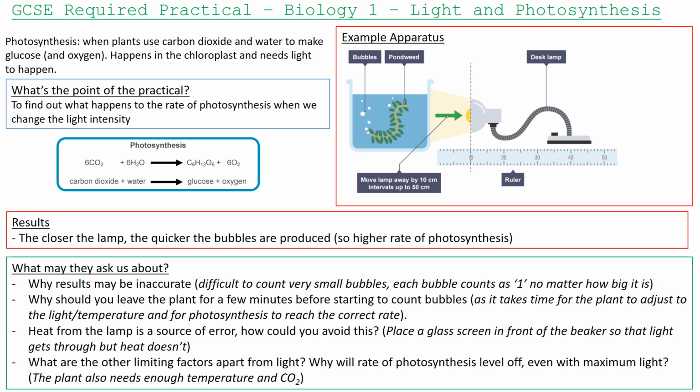So the closer the lamp, the more bubbles are produced over time, or the higher the rate of photosynthesis. That would be the expected results from this. There's also a few points on the kind of things that might be asked in the exam as well, with the answers on there. Alternatively, you can just copy this, do a print screen and copy this over to a Word document, or print it out for your notes.